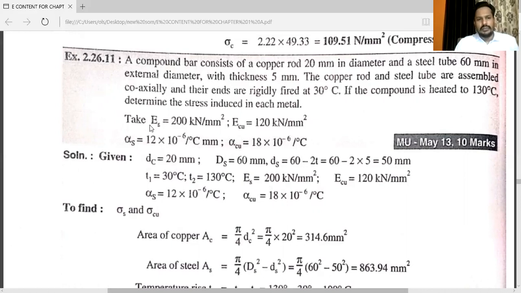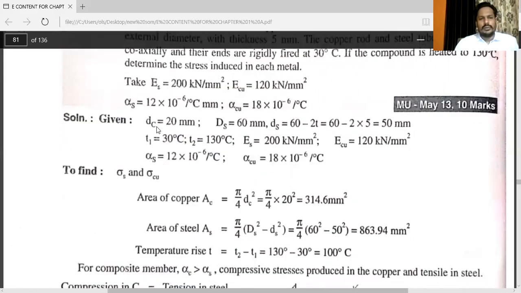See, the values are given. E for steel is equal to 200 kilonewton per mm square. Young's modulus of copper is given, that is 120 kilonewton per mm square. Coefficient of thermal expansion is given for steel, 12 into 10 raised to minus 6 per degree Celsius, and for copper, 18 into 10 raised to minus 6 per degree Celsius. Now here dimensions are given.